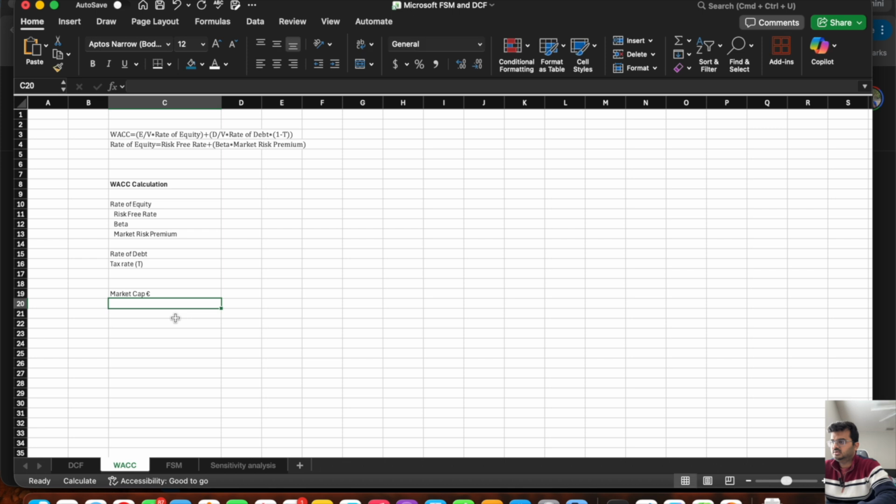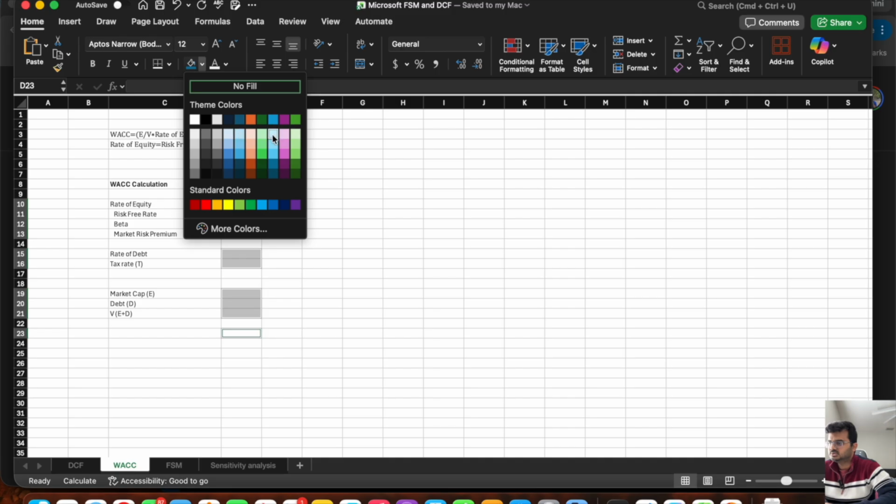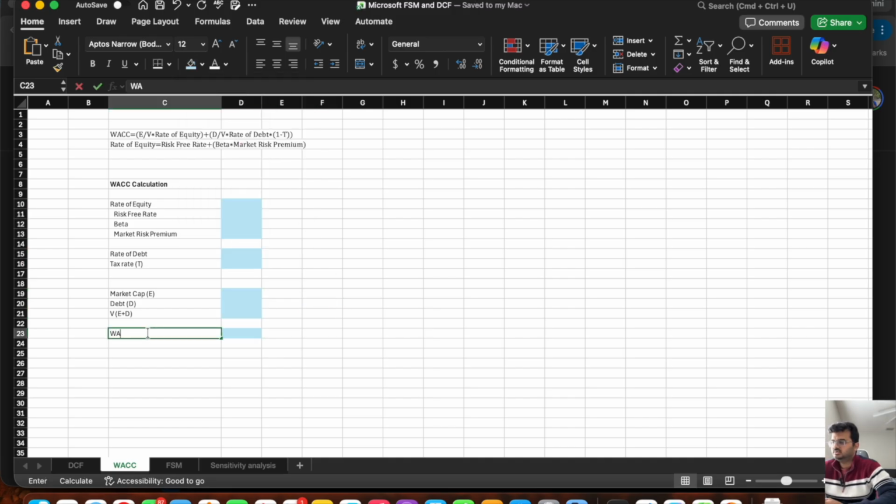I would put it as E. Then I need debt, which is D. Then I have V, which is nothing but E plus D. So what I did as of now is just provide the inputs of the numbers we need to finally calculate the WACC. We'll do this in a different color, and finally we will calculate the WACC.